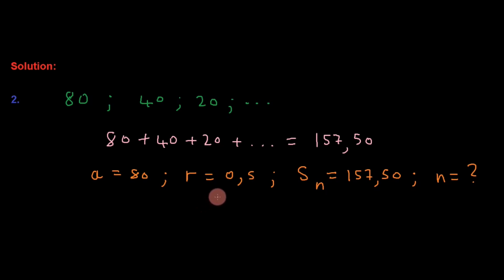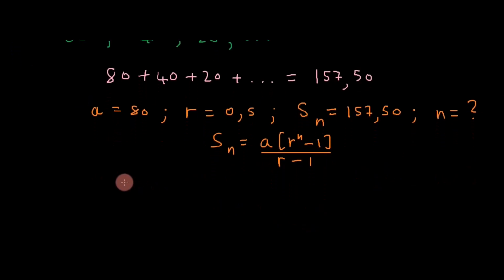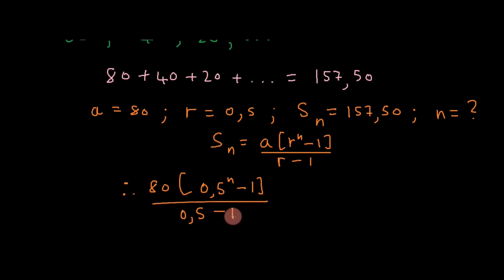So we can use a sum formula, S sub n. We substitute n. A is 80. R is 0.5. And this must come to 157.5.